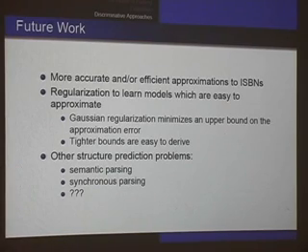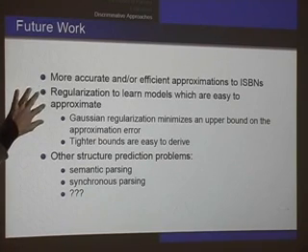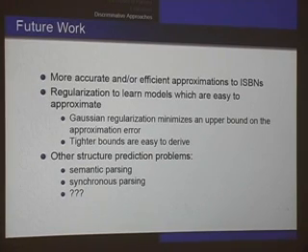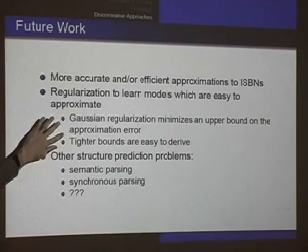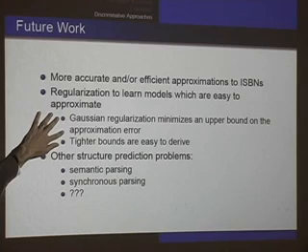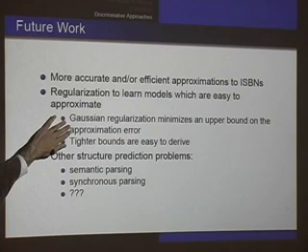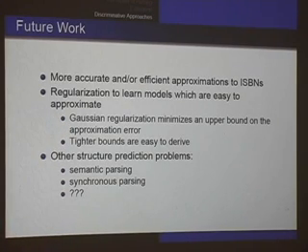Specifically, I'm interested in looking at regularization. We should be able to have a regularizer such that when we learn, we're learning a model that can be effectively, accurately approximated. And it turns out that standard weight decay, Gaussian normalization on the neural network, does minimize a bound on the approximation error, but we can come up with better bounds.